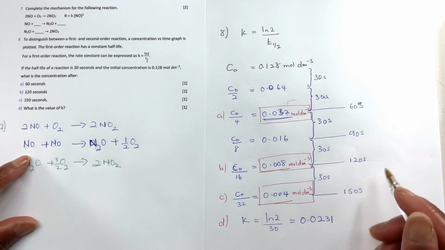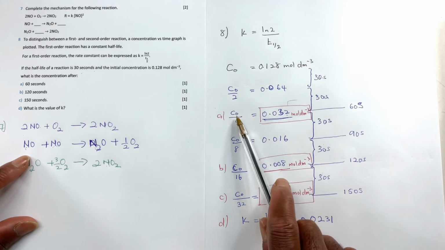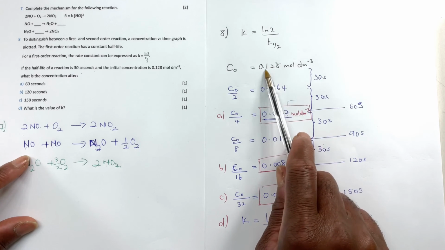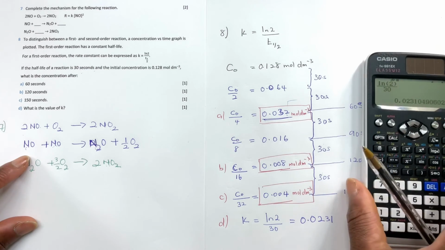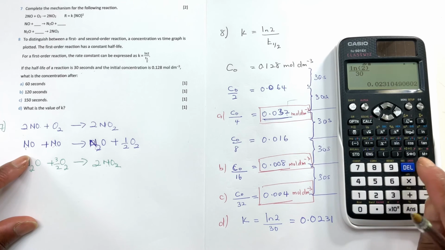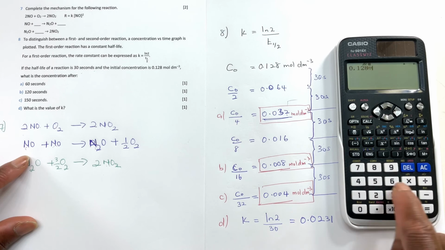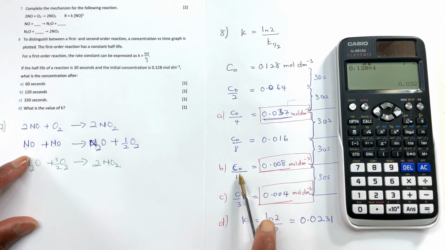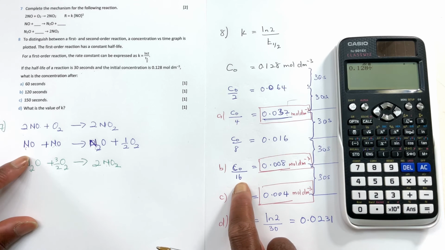If you do 0.128 divided by 4, you should get that. Let's check it, because I didn't think I'd do it that way. So if I clear that one, 0.128 divided by 4, yeah, we got 0.032. And this one is 0.128 divided by 16.